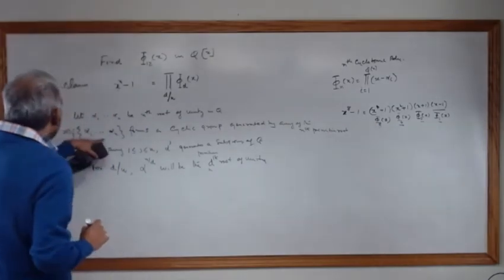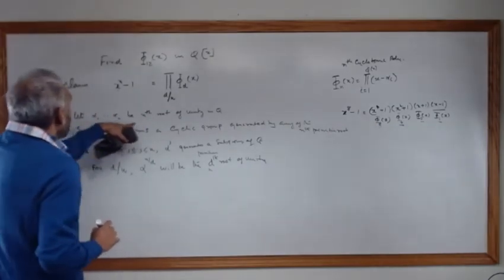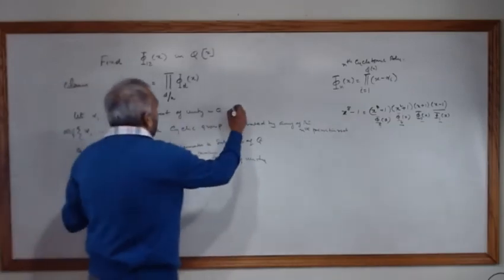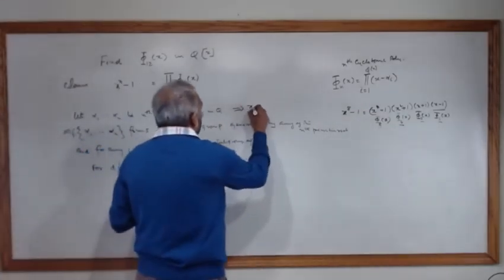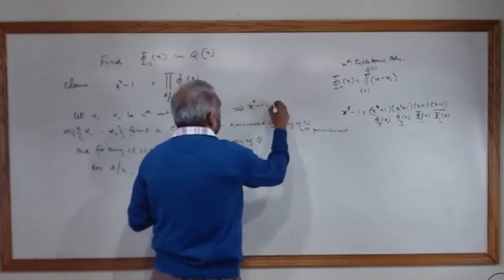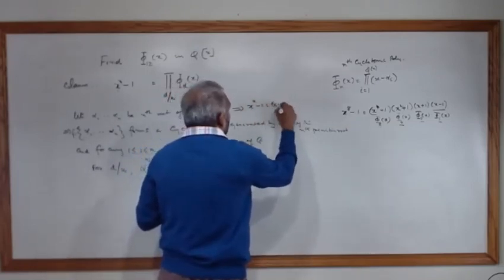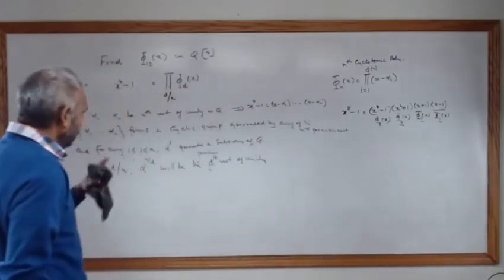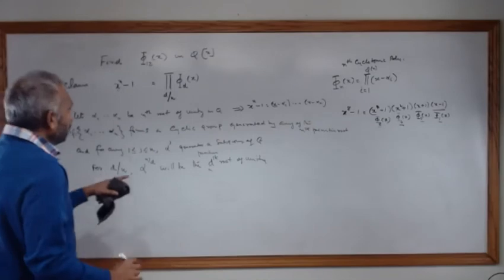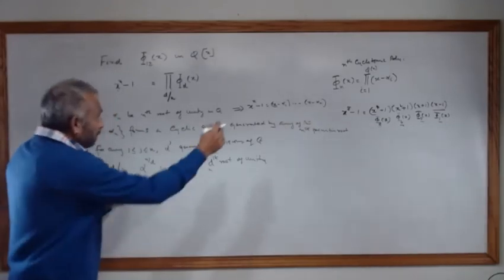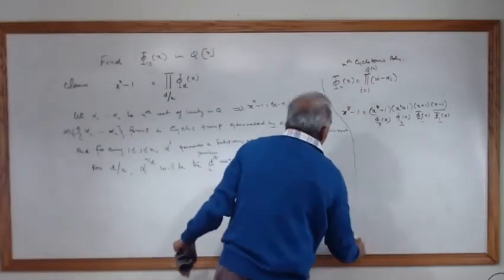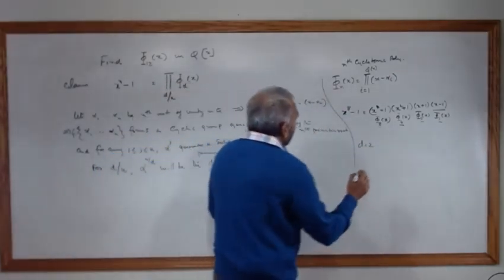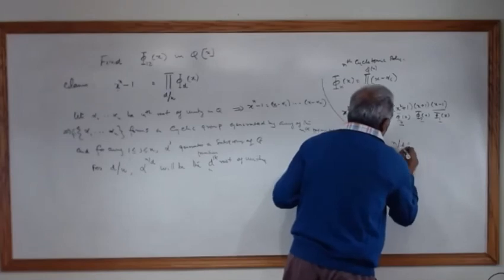See, if alpha 1 to alpha n are the nth roots of unity, then this implies x to the power of n minus 1 is equal to x minus alpha 1 up to x minus alpha n. So, for example, if you take d is equal to 2, n by d is equal to what?